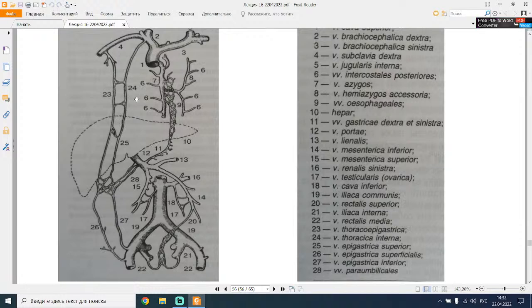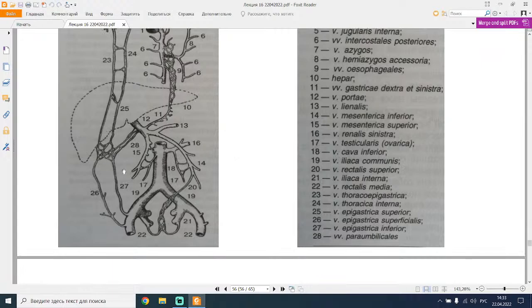Vena epigastrica superior, vena epigastrica inferior. This is vena paraumbilicalis, draining into vena porta hepatis. Together this is anastomosis between vena cava superior, vena cava inferior, and vena porta hepatis.